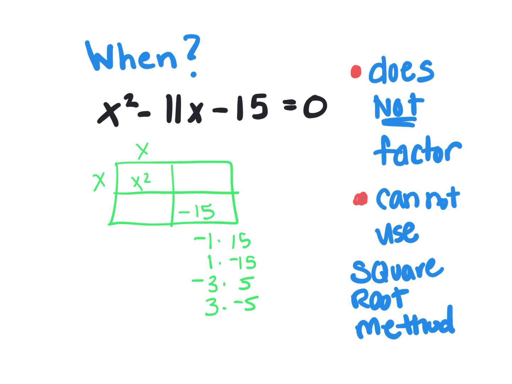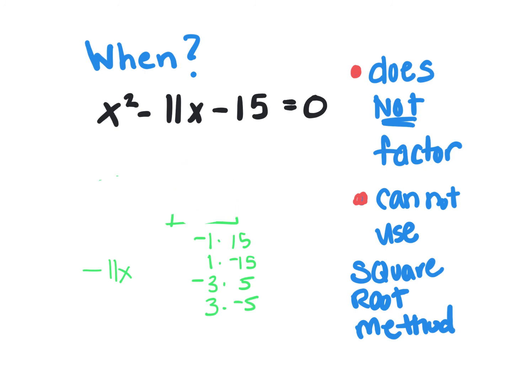None of those combinations will produce the negative 11x that we have in this middle term right here. So therefore, for this particular problem, we would say that this cannot factor. So that's my first step in determining when I would use the quadratic formula. I've looked at it. This does not factor.